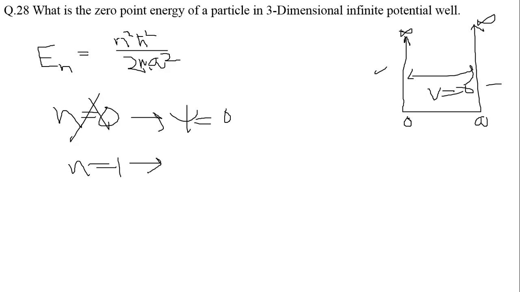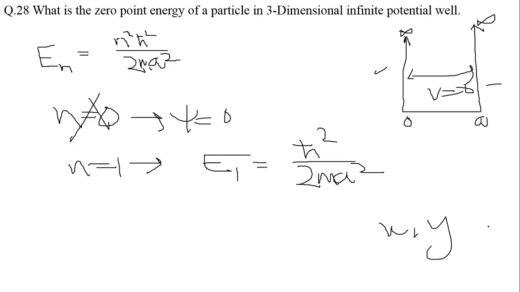For the ground state, n equals 1, and the energy is known as the 0 point energy, or E1, which is h cross square by 2m a square. Similarly, in a three-dimensional infinite potential well, the particle has three components, x, y, z.